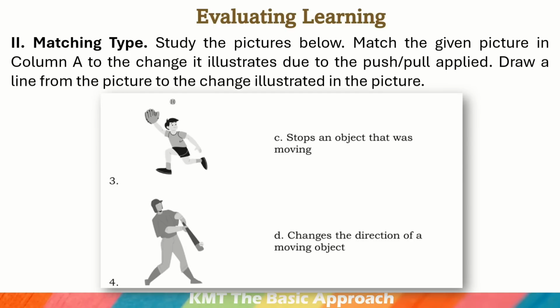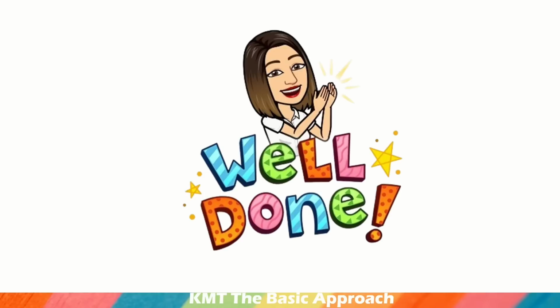What is the correct answer? Very good. Letter C, stops an object that was moving. And number 4 will be letter D, changes the direction of a moving object. Well done, kids!